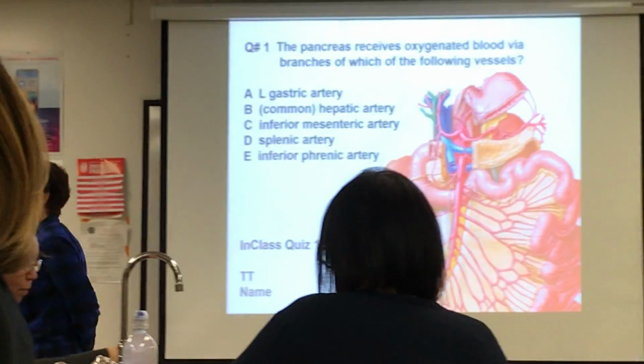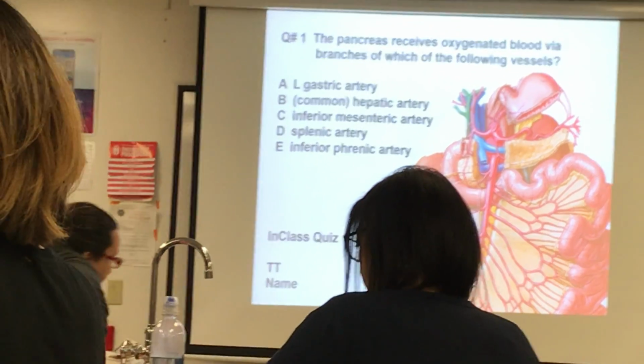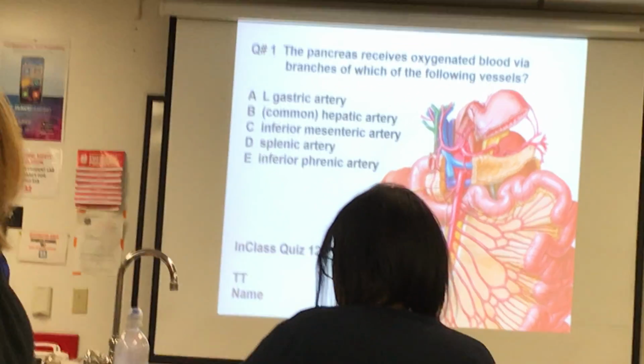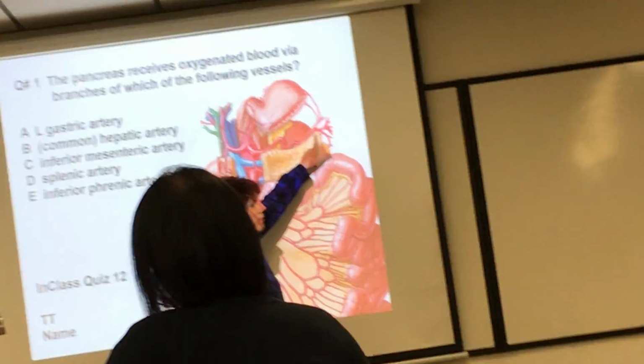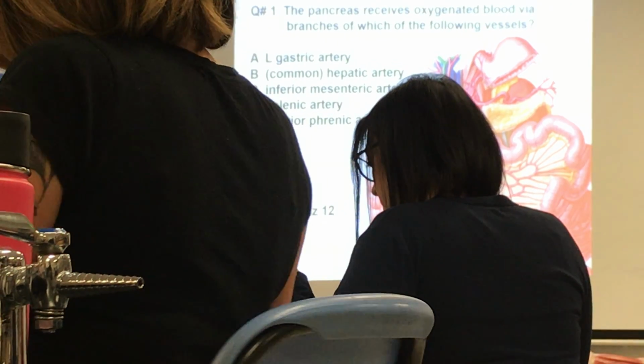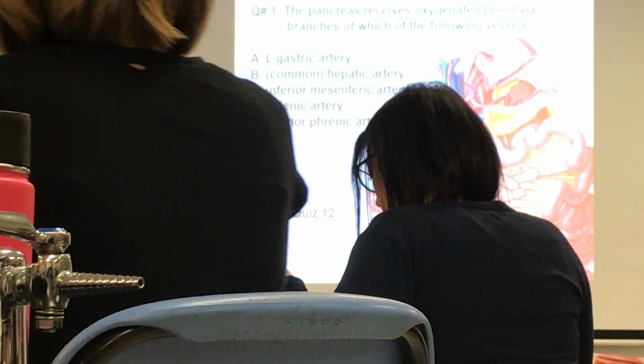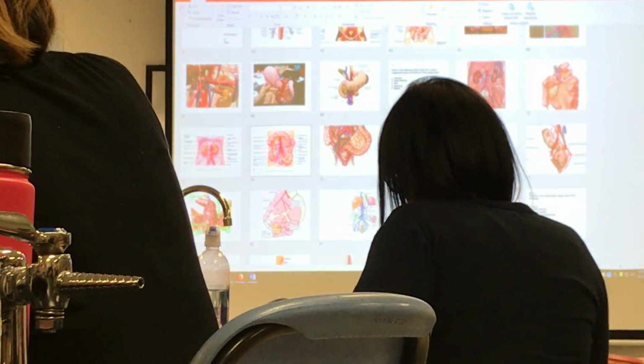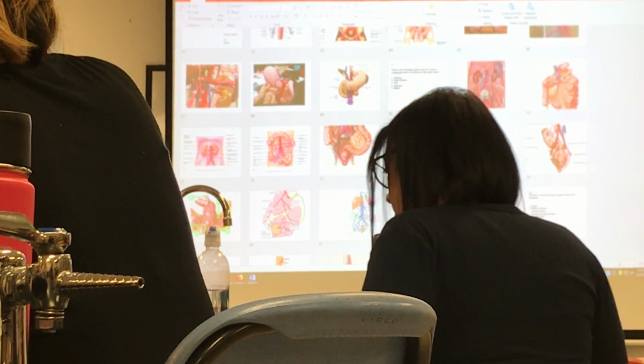All right, so question 1 says the pancreas receives oxygenated blood via branches of which of the following vessels? And this is the pancreas right here. Okay, so I could make it a little bit larger. I didn't want to do it right at the beginning because it would cover up the words.